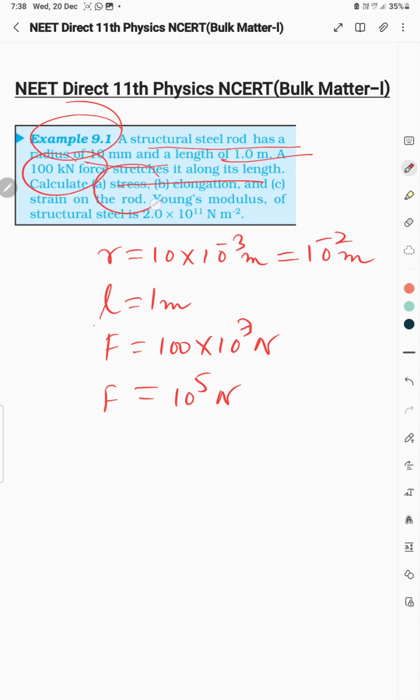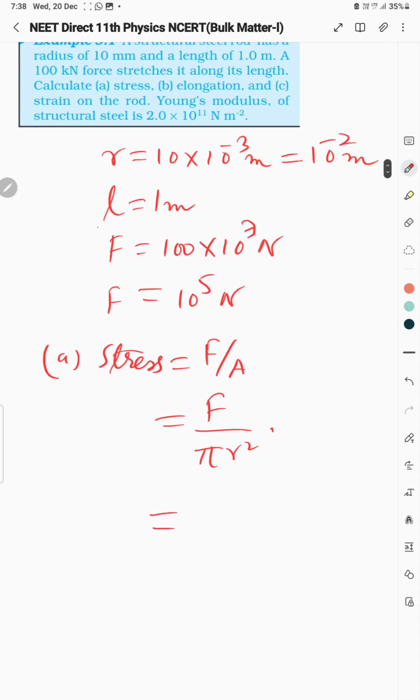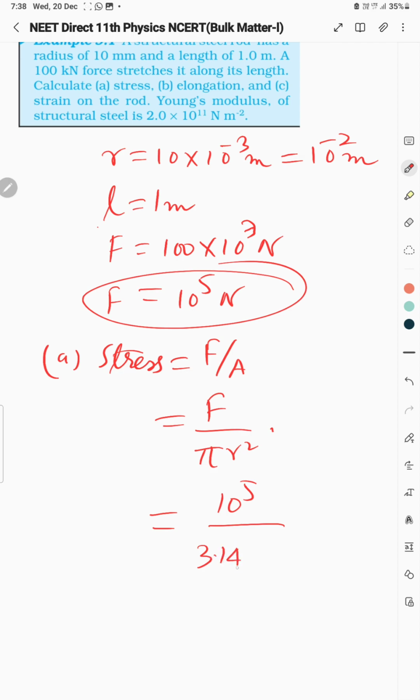Now you have to calculate the stress, right? And as you know, stress is force per unit area. Area here is area of cross section, pi r square. Force, as you can see, is 10 power 5 newtons. Pi is 3.14 multiplied by radius square.